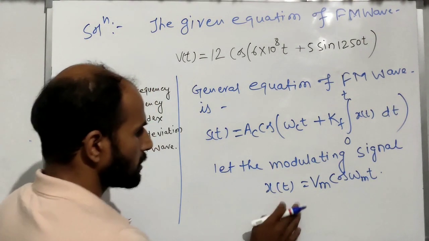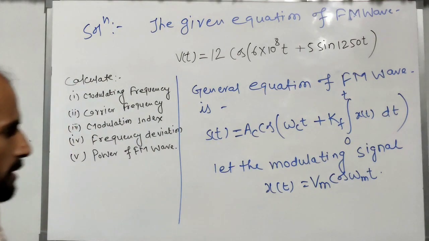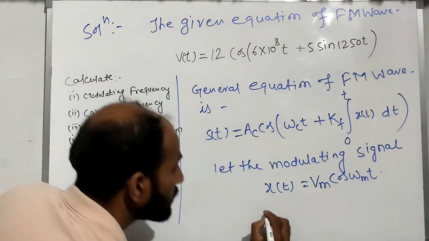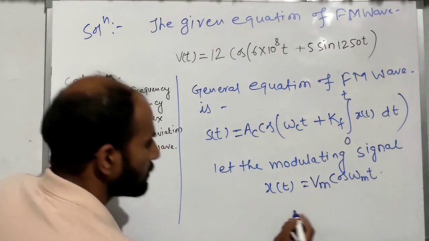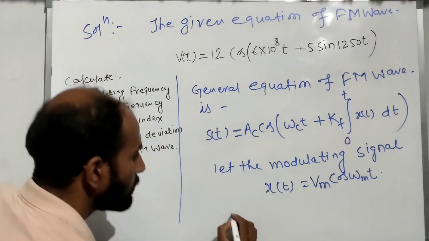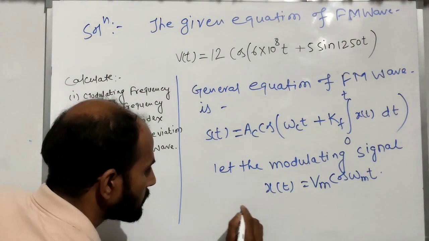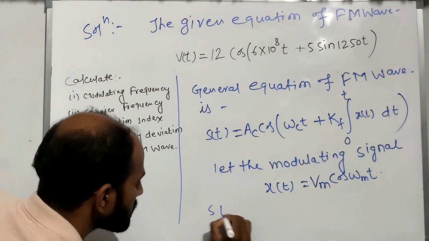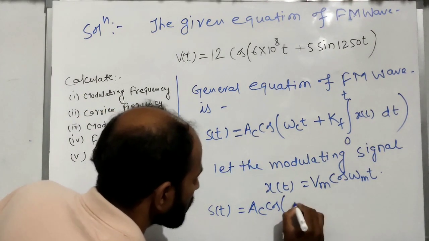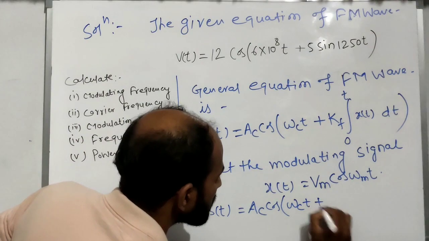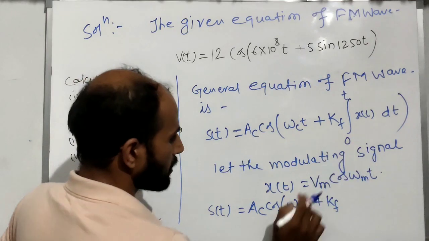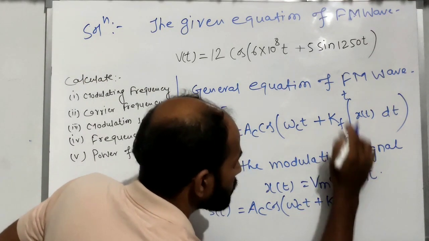Then this x(t) is put into the integration. Then we can write s(t) is equal to Ac cos omega c t plus kf, and now this is the integration from 0 to t.